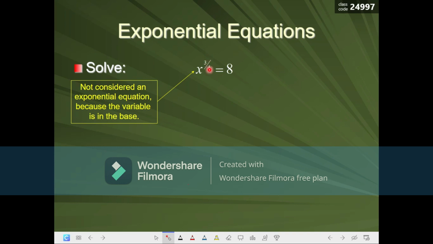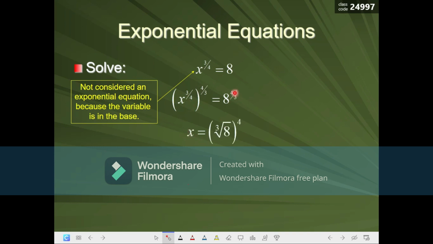The reciprocal of 3/4 is 4/3. So we will raise each side of the equation by 4/3, so that it becomes like this. So x to the power of 3/4 being raised to the power of 4/3, then 8 to the power of 4/3. Okay, so this can be canceled out, therefore the exponent of x will be 1.